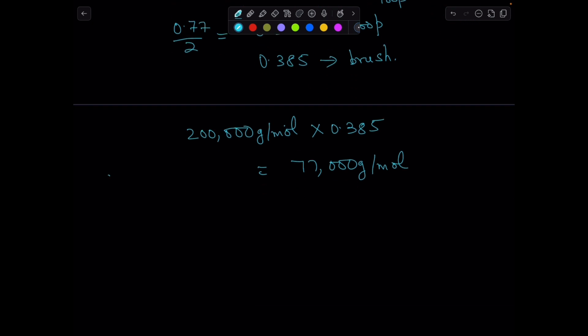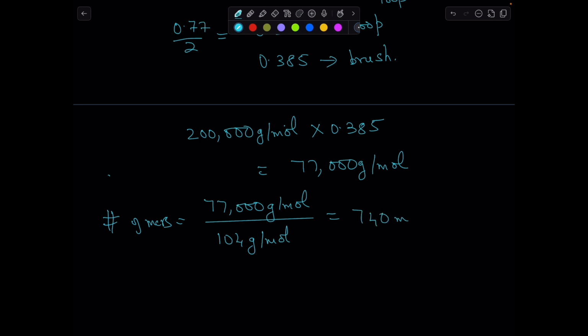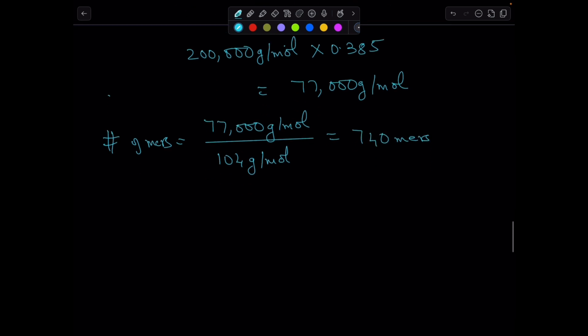Let's see how many moles are there in this. So 77,000 grams per mole divided by 104 grams per mole will give us the number of moles, which is 740 moles. Now let's find out the length of 740 moles.